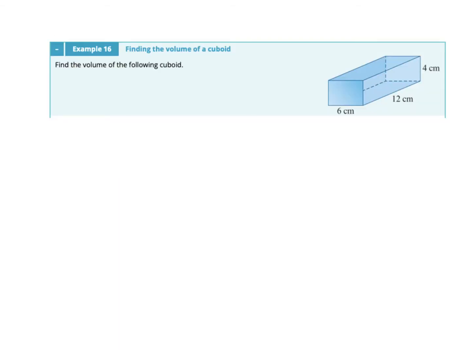Okay, so let's have a look at this. We get asked to find the volume of the cuboid. If you look on the back of your formula sheet, this shape is called a rectangular prism. They call it that on your formula sheet.